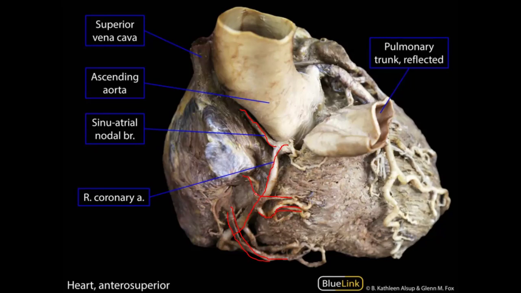It gives both ventricular and atrial branches. And now at this point, this is the left coronary artery. It is simply a short trunk, and you can see it bifurcating to the left anterior descending. And this other one is the circumflex branch of the left coronary artery.